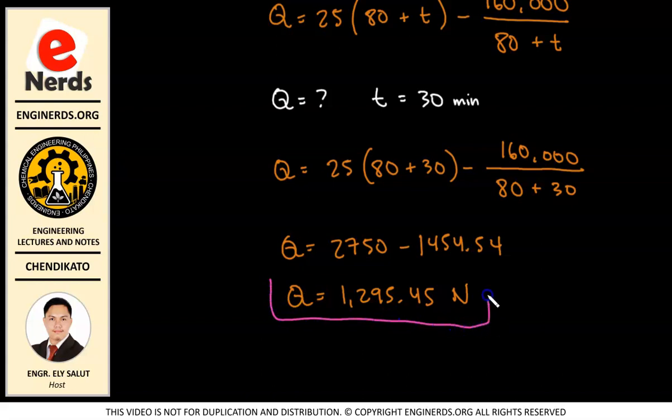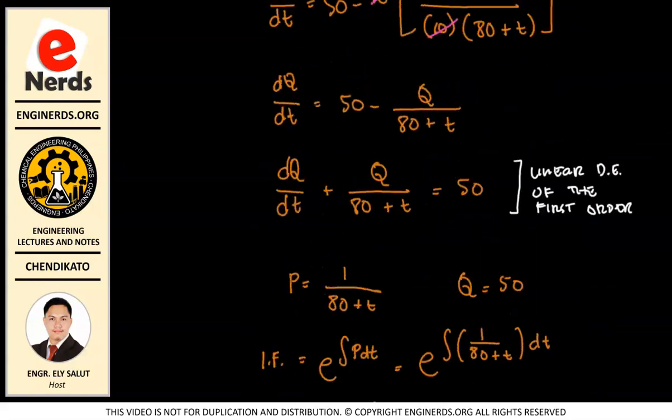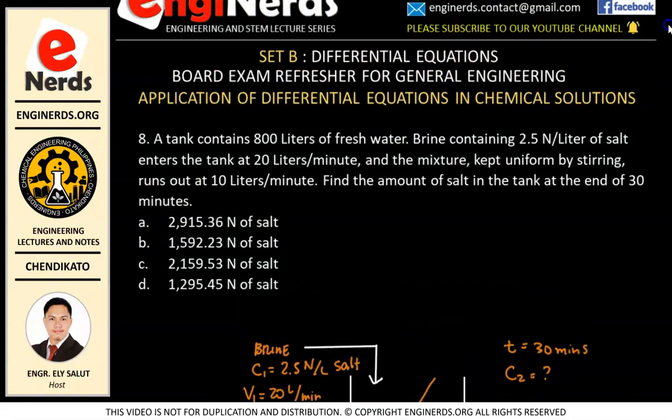Let's see where it is among our choices. We have 1295.45 Newton of salt, which is letter D. This is our final answer for problem number 8.